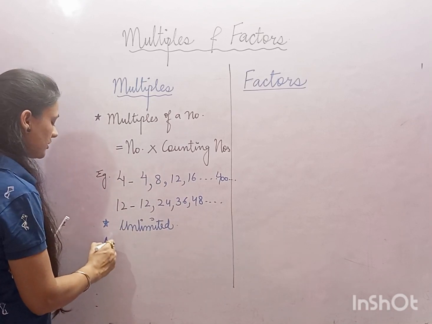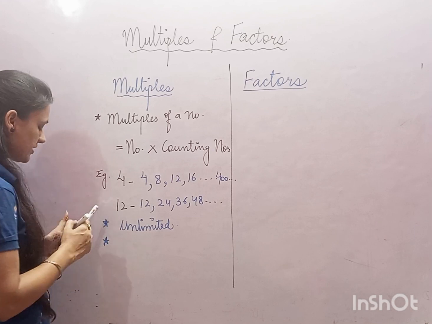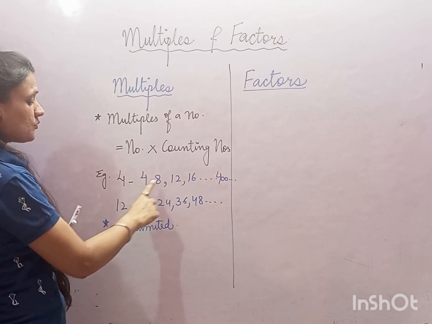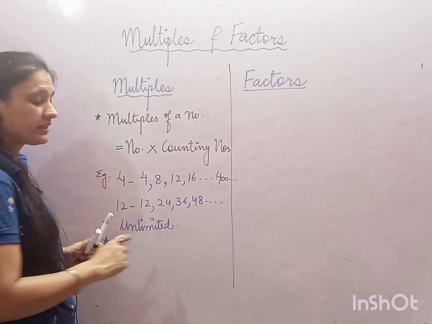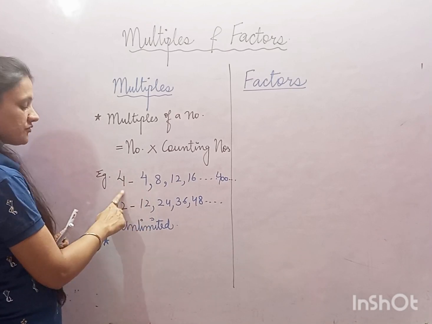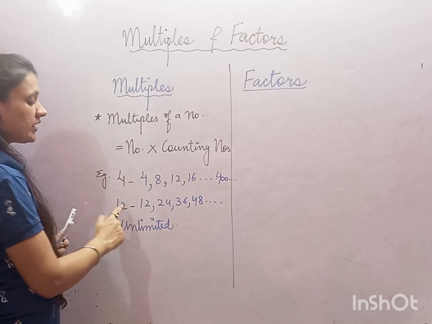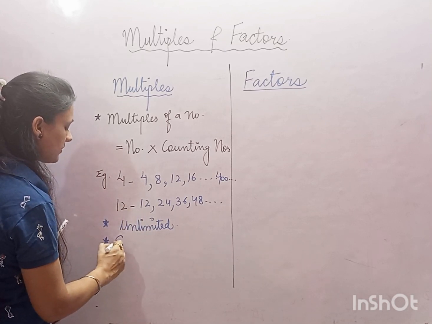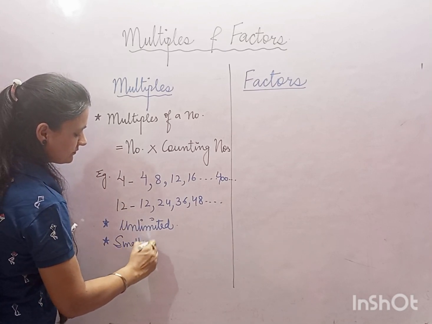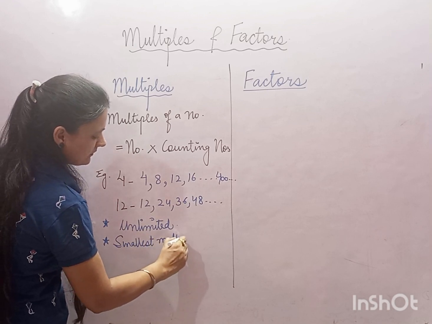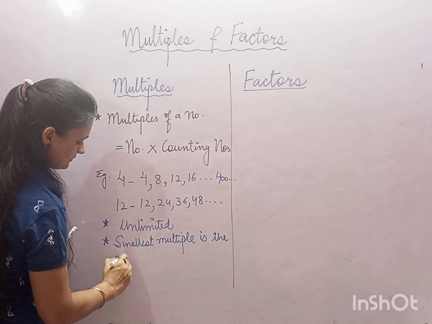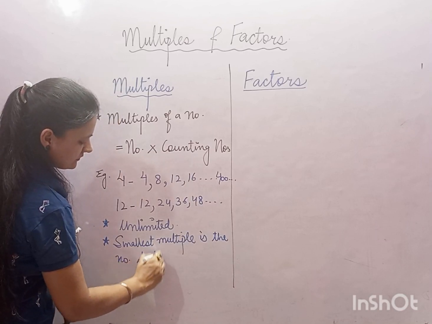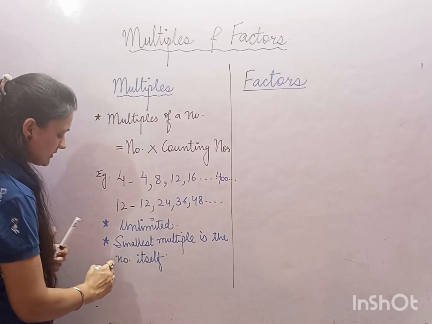Next, what we have observed, the second point which you observed is that the smallest multiple of any number is the number itself. Like here, the smallest multiple of 4 is 4 and the smallest multiple of 12 is 12. So the smallest multiple is the number itself, right?